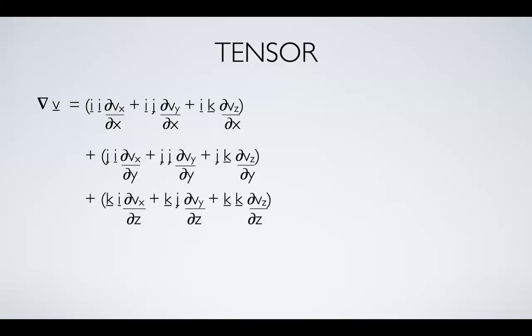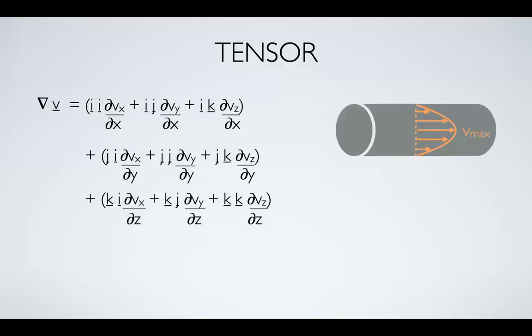But like I said, in most applications where we deal with a tensor in the equation or in the problem, for example, fluid flow through pipes, what kind of coordinate system are you going to use for this one?